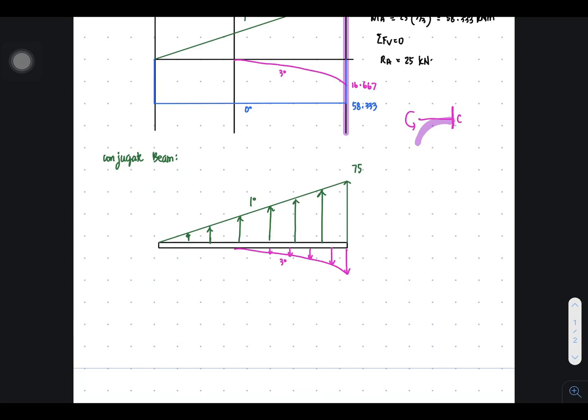And we are going to copy the value. That's 16.667. And also, do not forget, we are going to copy this portion.